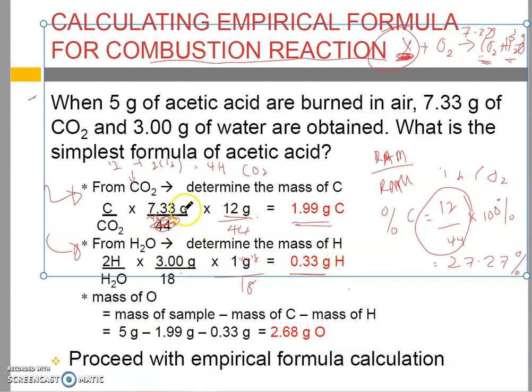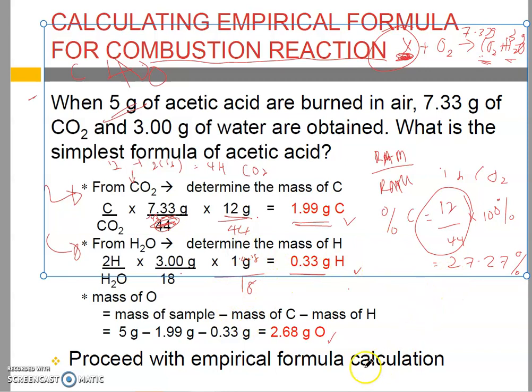Lepas tu, 7.3 tolak 1.9. Dapat tambah. Atau, sebab ini dia dah bagi mass of sample, mass keseluruhan. So, keseluruhan tu terdiri daripada C, H dengan O. So, 5 gram tolak dengan each of the mass. Okay. So, dapat 2.68. Kalau tak percaya, boleh kira.